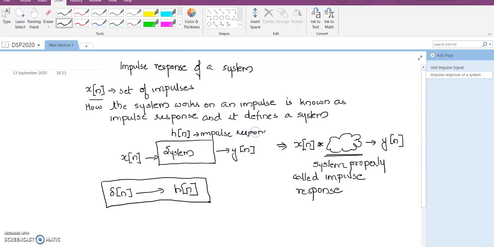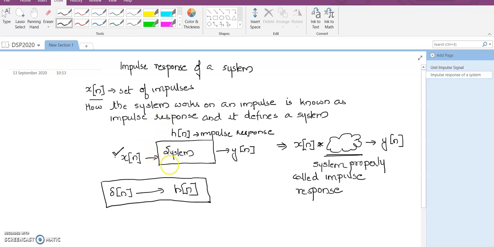So what is impulse response then? To understand that, I just mentioned in the previous section that a discrete time signal can be represented as a sum of impulses. So x of n, the input signal, is also a discrete time signal, and hence it can be represented as a set of impulses in the form of a sum.